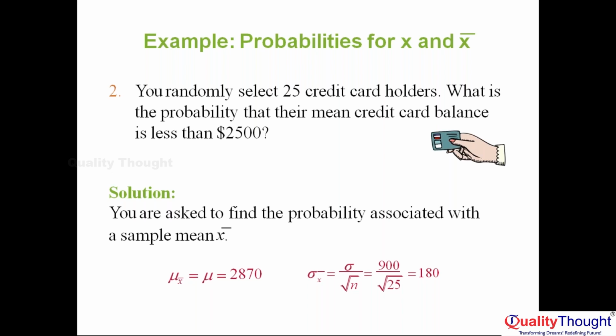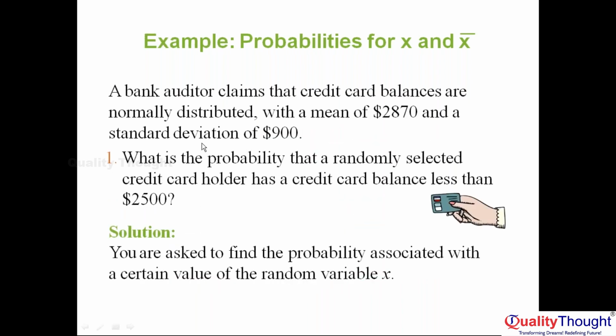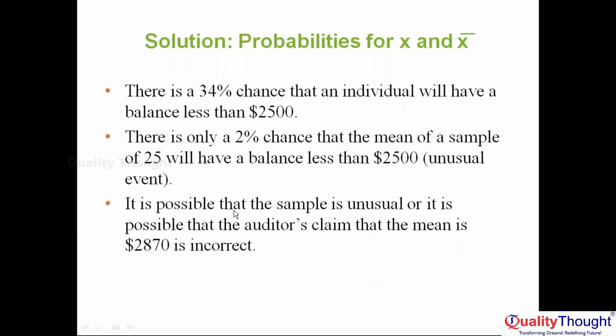verified. But in the main problem, what was mentioned is that the bank auditor is claiming that the credit card balances are normally distributed with a mean of 2870. So here, it is possible that the sample is unusual, or it is possible that the auditor's claim that the mean is 2870 is incorrect.